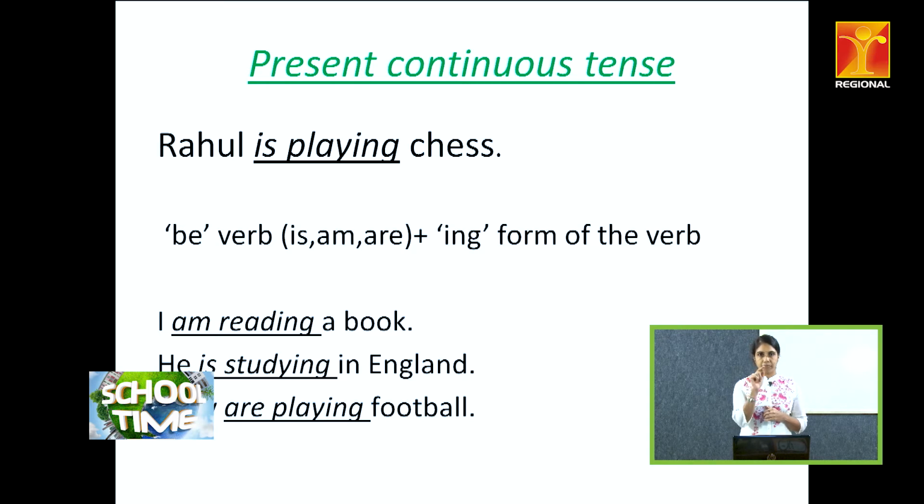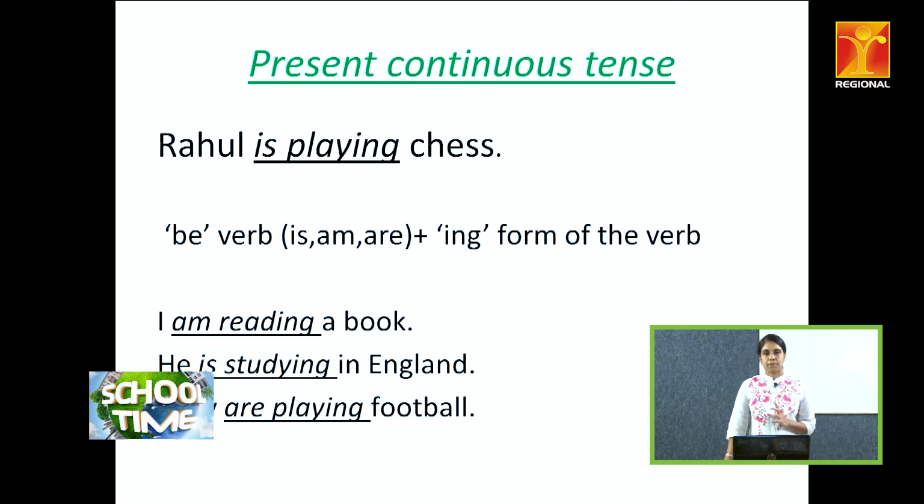Different forms of be verb: is, am or are, plus the ing form of the verb. The ing form of the verb we can also call the present participle or ing participle. We can simply say ing form of the verb.